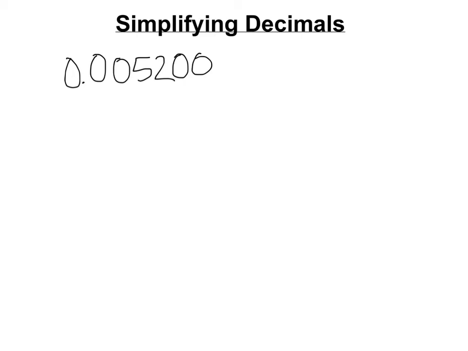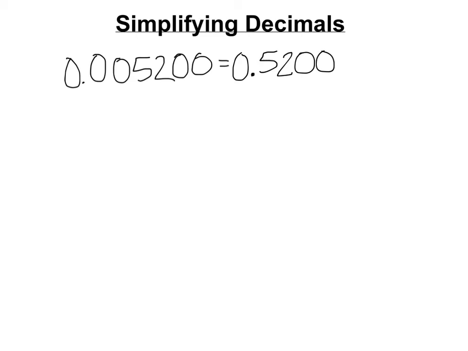So let's take a look at it one group at a time. We'll look at these and these. First of all, let's get rid of these. So if I get rid of those, I have 0.5200.